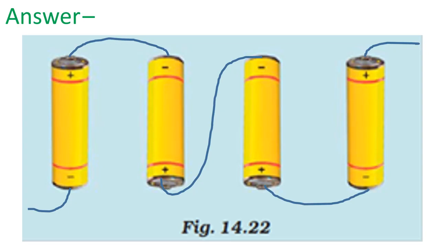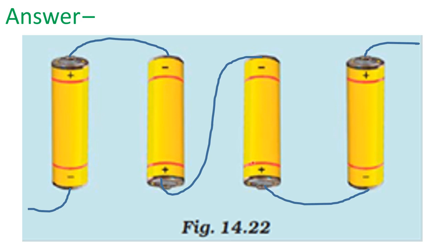Answer: we all know that the terminals are to be joined with the opposite terminal. So, the positive terminal of the first cell will be connected with the negative terminal of the second. In the same way, the positive terminal of the second cell will be connected to the negative terminal of the third.